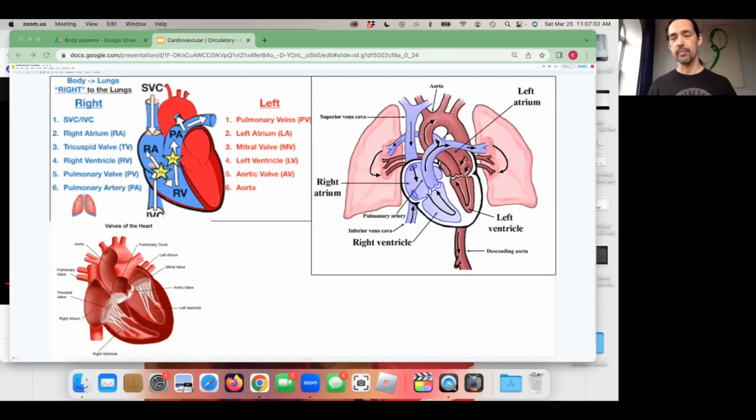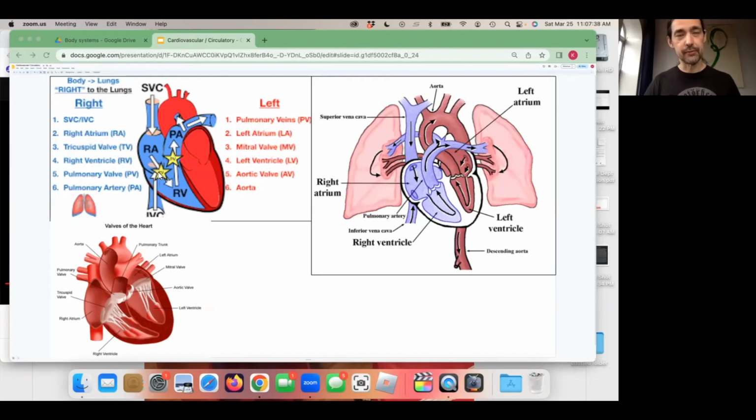If you just go over the major structures, you can say superior, inferior vena cava. So please be repeating this after me. Superior, inferior vena cava, right atrium, right ventricle, pulmonary artery, then to the lungs, and then pulmonary vein, left atrium, left ventricle, and then aorta.